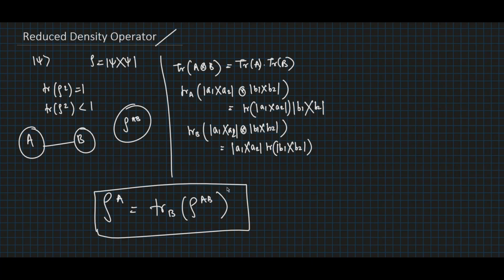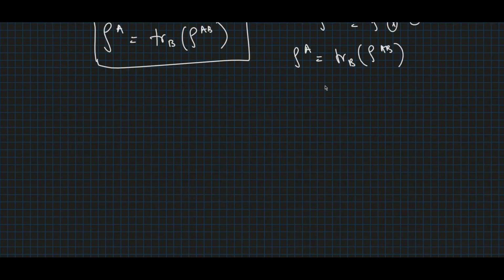To understand it better, suppose a quantum system is in the product state rho AB equal to rho tensor product sigma, where rho is the density operator of system A and sigma is the density operator of system B. Then the reduced density operator rho A would be equal to partial trace over B of rho AB, which would be equal to partial trace over B of rho tensor product sigma.